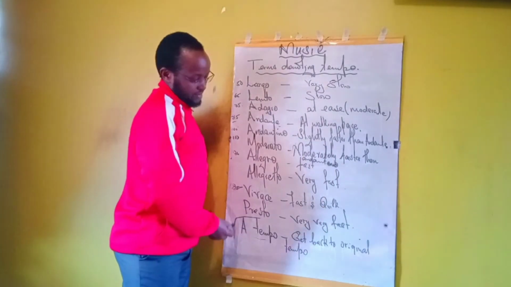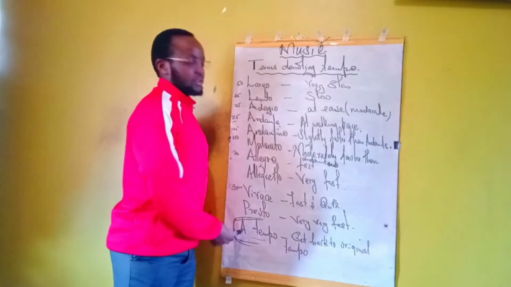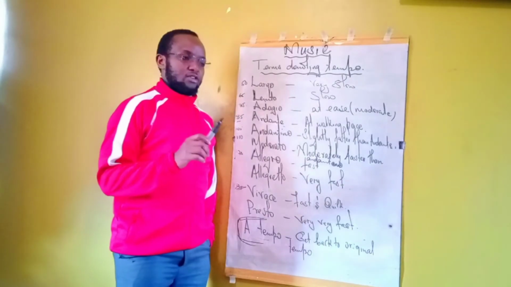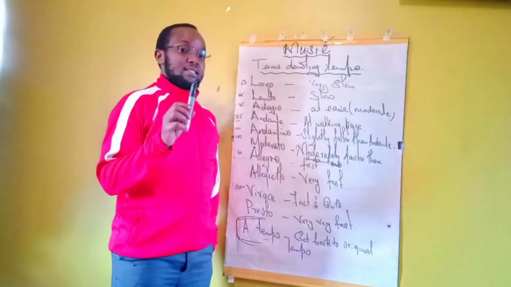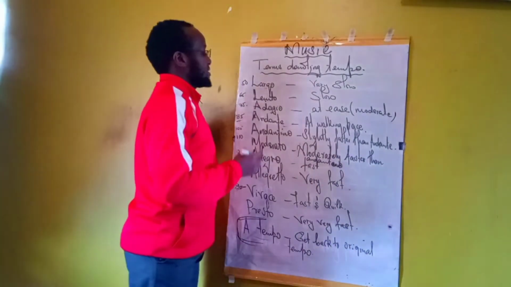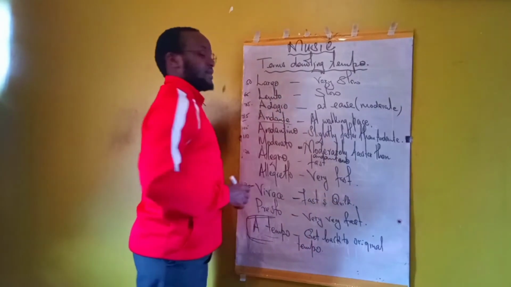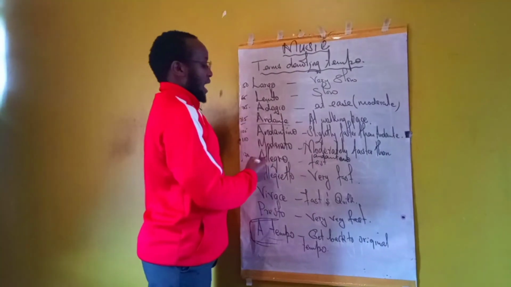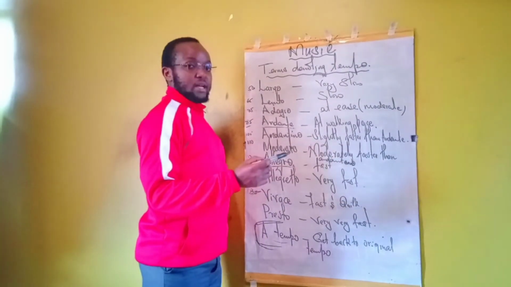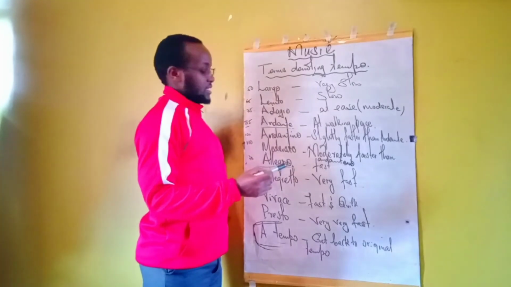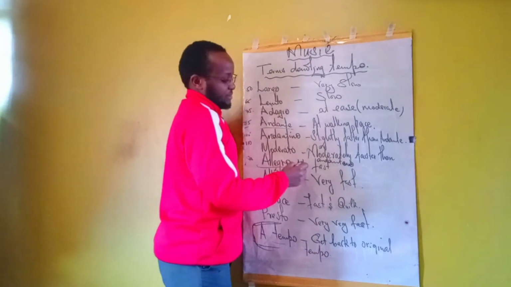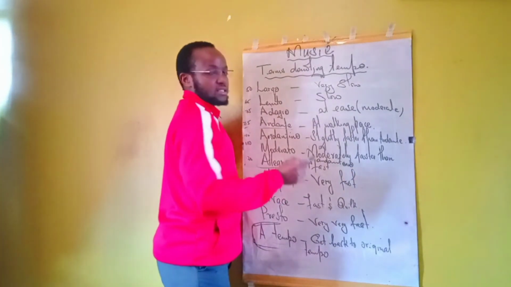Then again, we have another very important term that I would like you to know, a tempo. In case you're performing a piece of music that has several movements, perhaps a slower pace, andante, and then allegro, fast, at some point you may see the writer of the music, perhaps you yourself, write a tempo above the score.